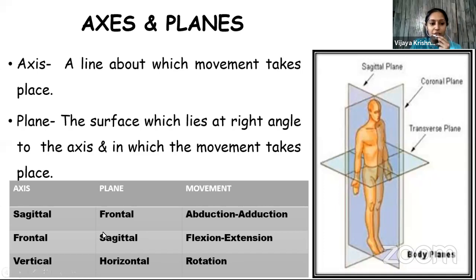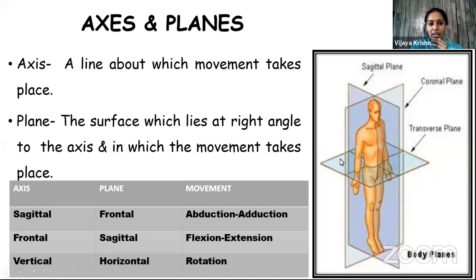The first is the sagittal axis, then the frontal axis and the vertical axis. These are the three axes along which movement takes place. At right angles to these axes, there are three planes, which are the frontal plane, the sagittal plane and the horizontal plane. This figure represents all three axes and the three planes.